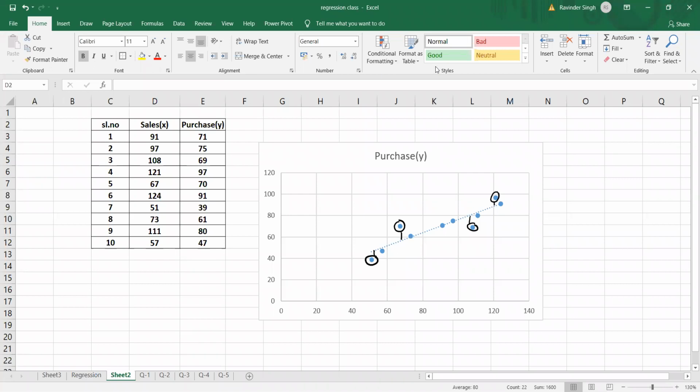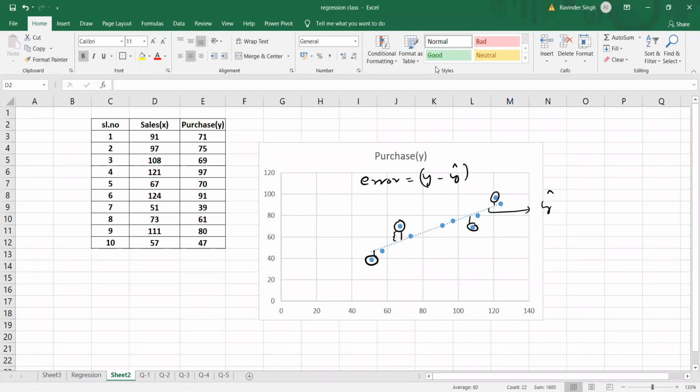So whenever we try to plot a straight line, our assumption is about the error. This we call E or error, which is nothing but y minus y hat. I have put y hat because y hat represents the equation of the regression line.